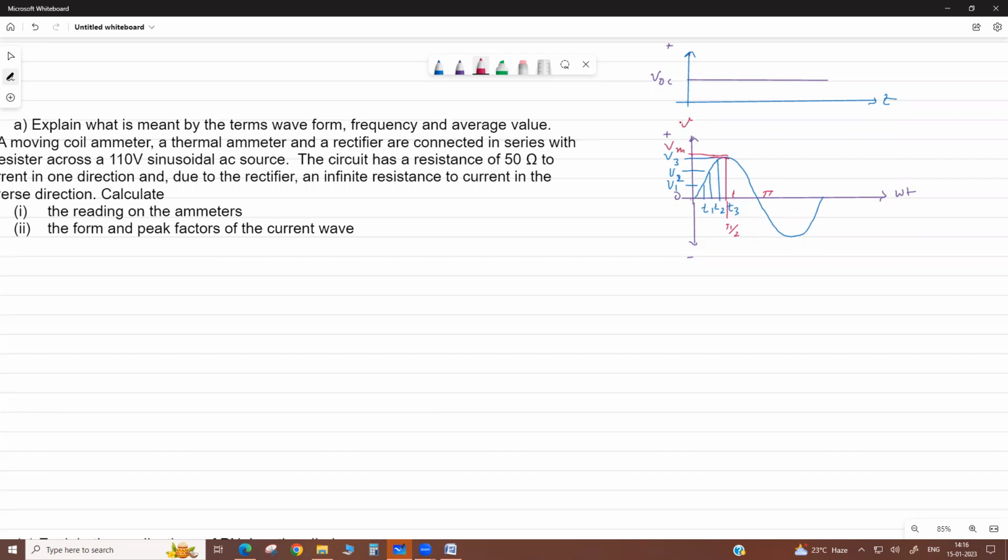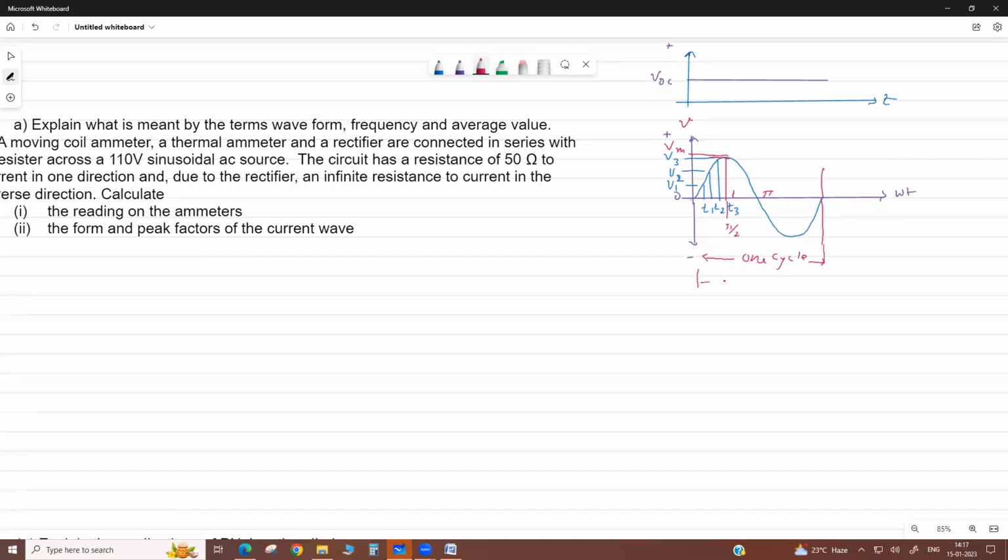This value of V with respect to T, we draw like this. Then this positive and negative cycle together make one complete cycle: positive half cycle and negative half cycle combined are called one cycle, alternating.